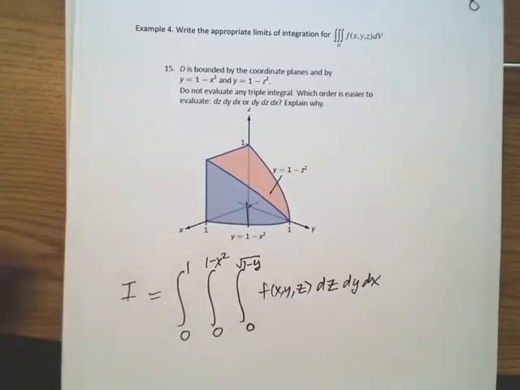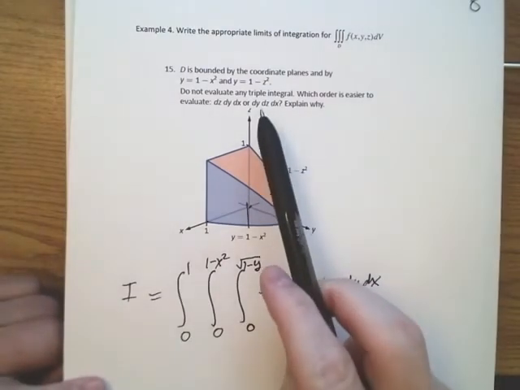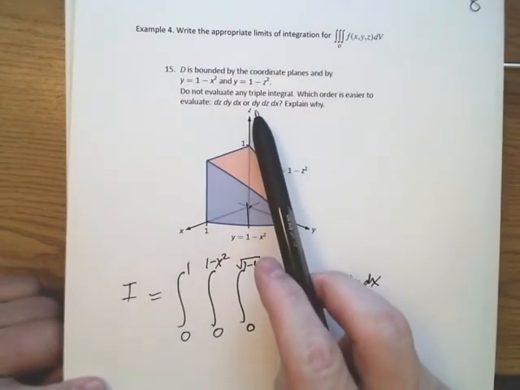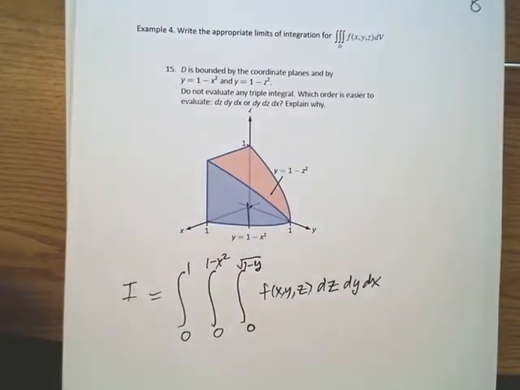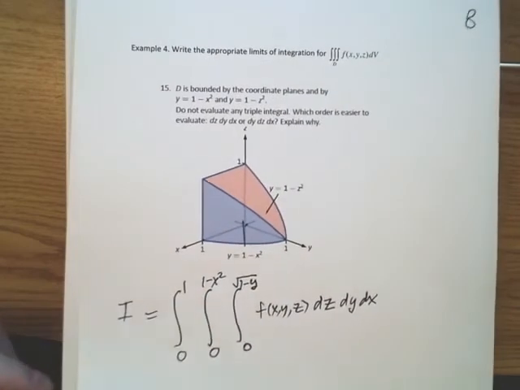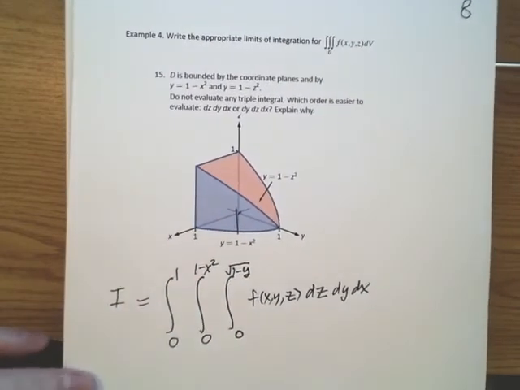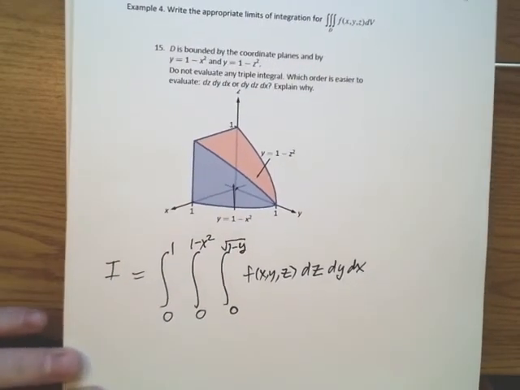Now, let's go ahead and look at the other way they're asking us to consider. What about dy, dz, dx? Let's integrate in the y direction first and see what kind of problem we run into. Well, let's go ahead and do it here.